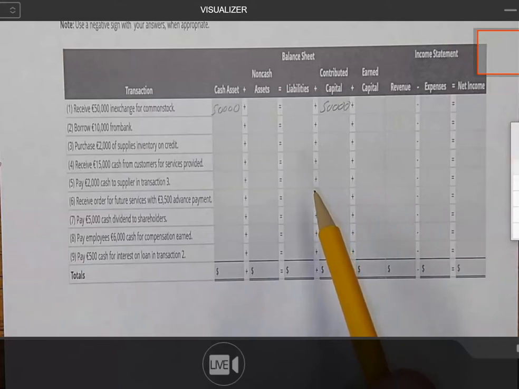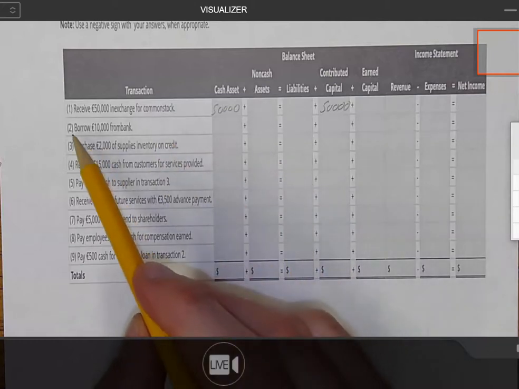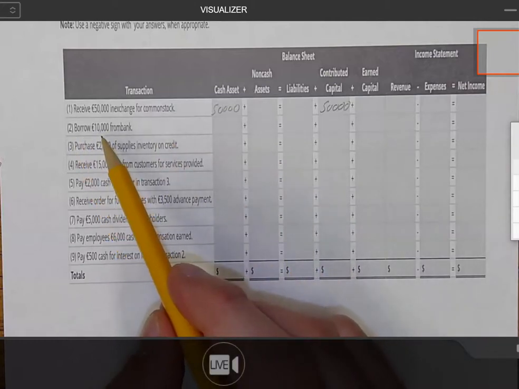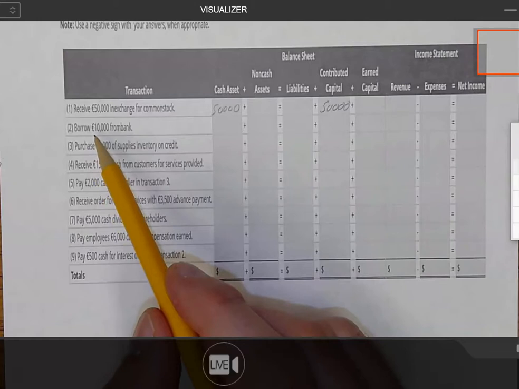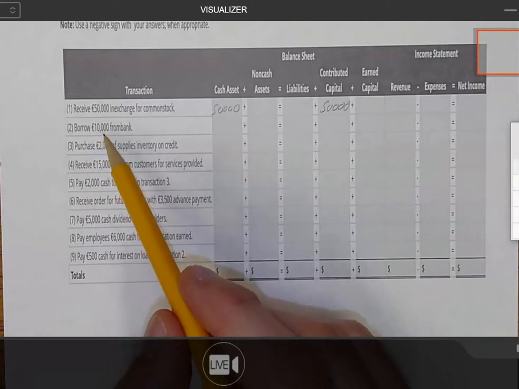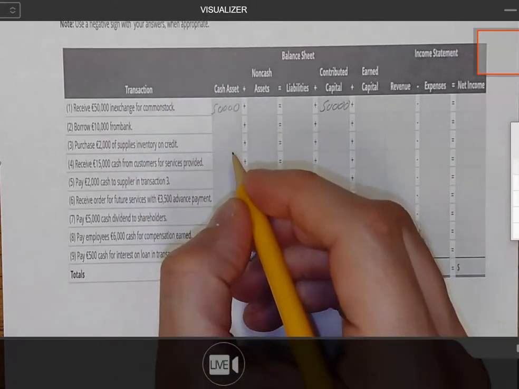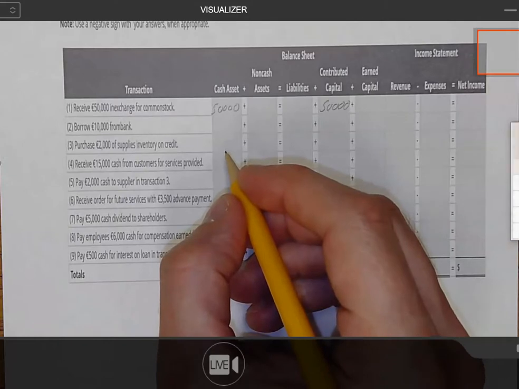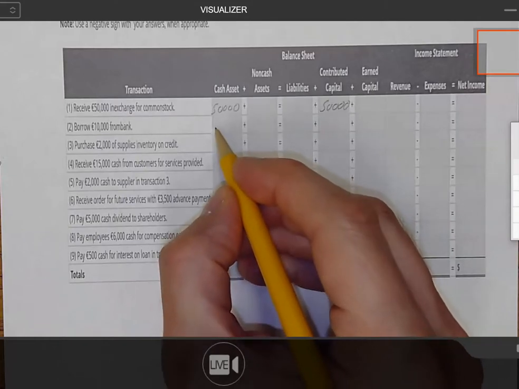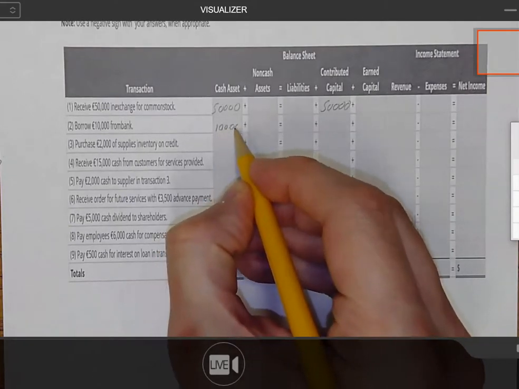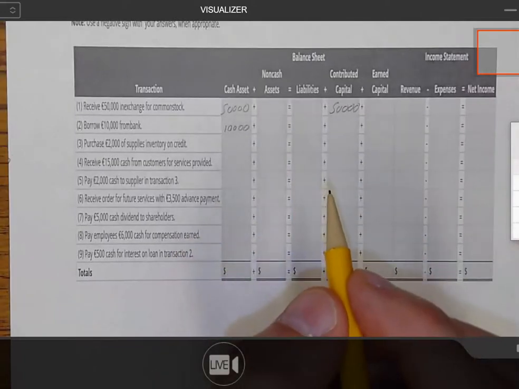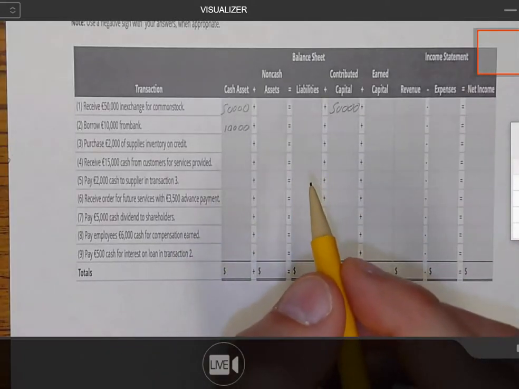Okay? All right, so in number 2, it says we're going to borrow 10,000 euros from the bank. Okay, so same thing, except that instead of having an owner contribute money to the company, here we're getting an additional $10,000 by borrowing.